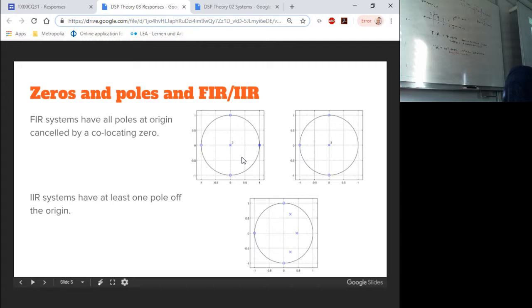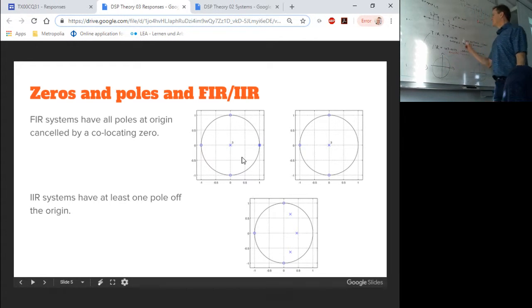Zeros and poles. Again, back to the zero pole plot. Two cases. Finite impulse response and then infinite impulse response system. They have a difference.